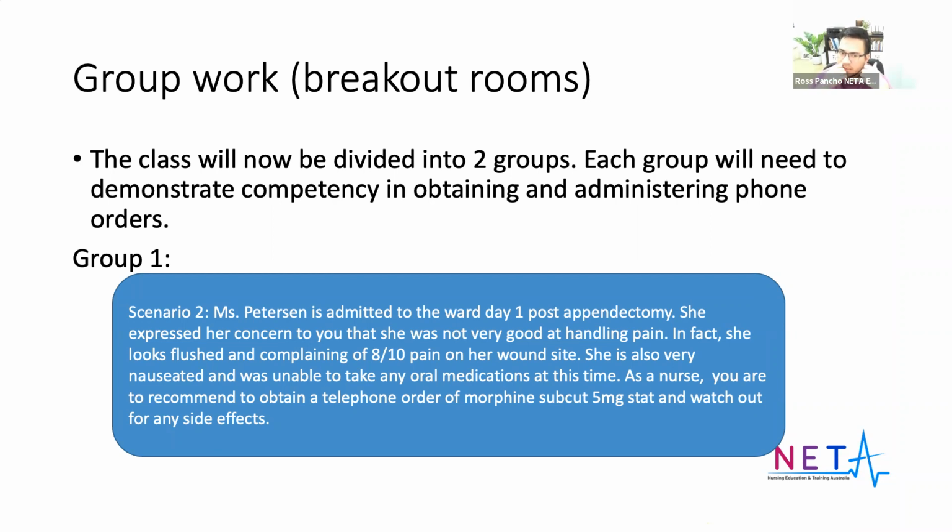So where's the pain site, Gian? It's on her appendectomy wound site. And how are her vitals? Her obs? As of now, her vitals are normal, but the pain is moderate. Was she not written for anything for pain at all?